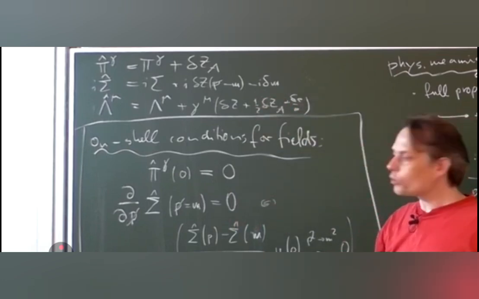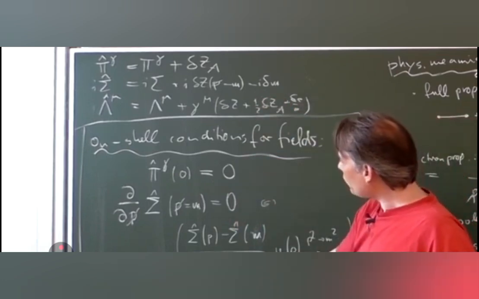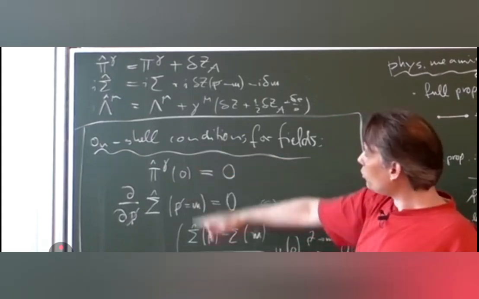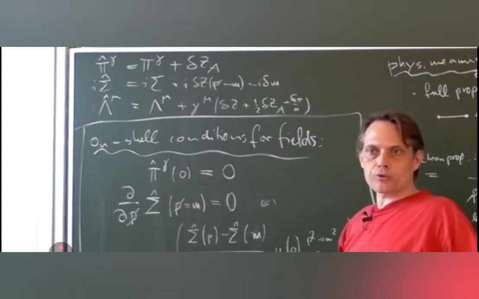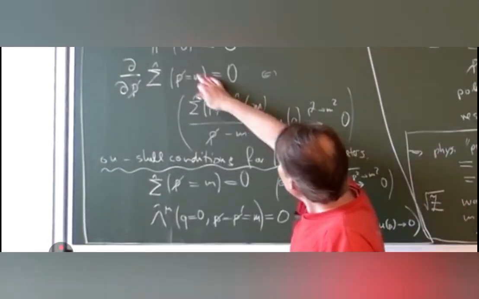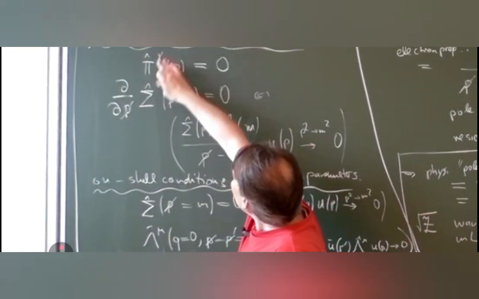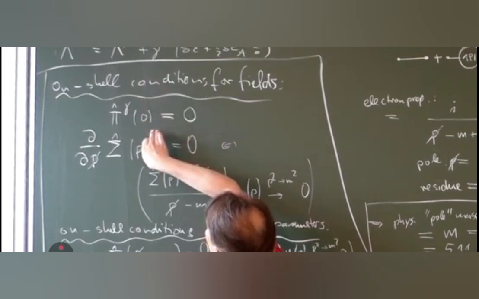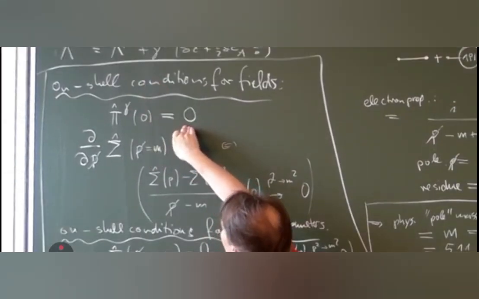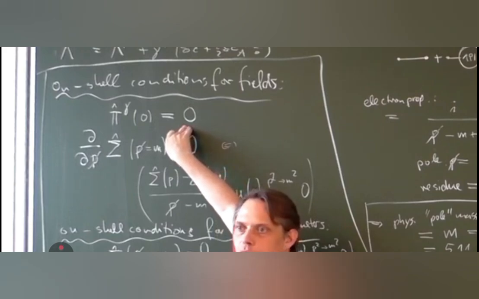Because the renormalization constants are implicitly defined by the box here, by the renormalization conditions, but let us evaluate it explicitly. For example, if you plug in the value of pi hat and put it into this condition, what is the condition on the renormalization constant that you obtain?